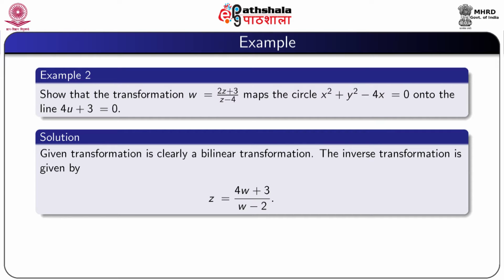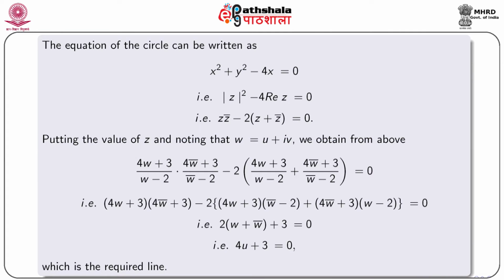The inverse transformation is obtained as z equal to 4w plus 3 by w minus 2. Now, the equation of the circle can be written as x square plus y square minus 4x equal to 0, that is mod z square minus 4 into real z equal to 0, that is we can write z z bar minus 2 into z plus z bar equal to 0.